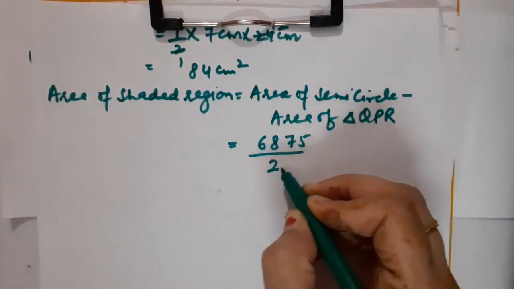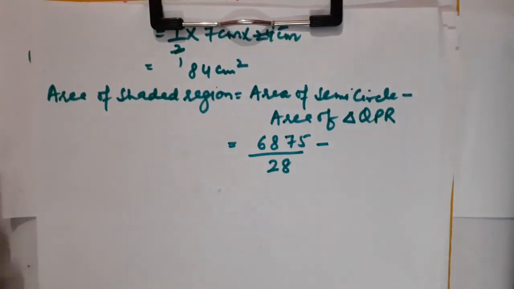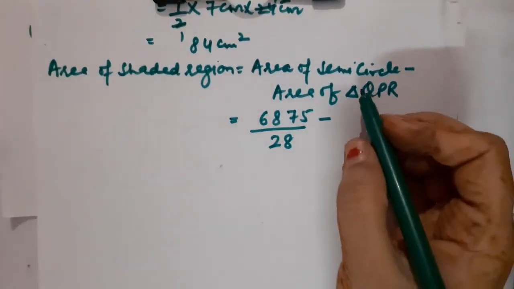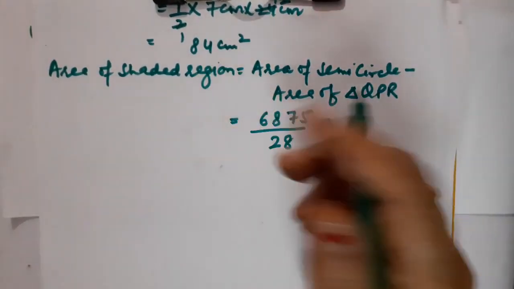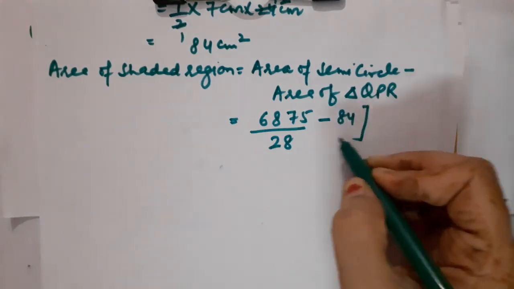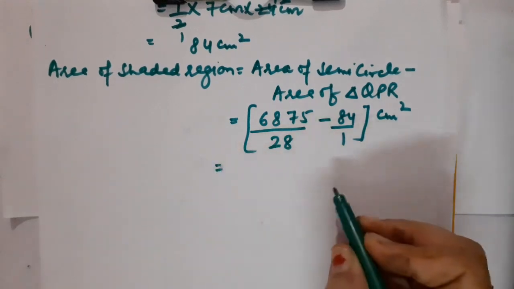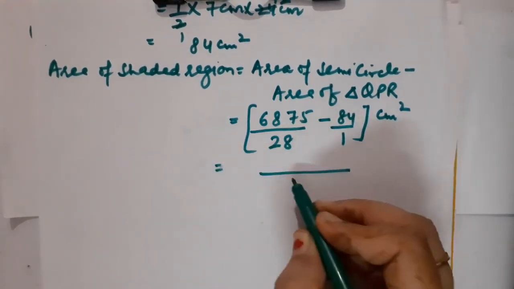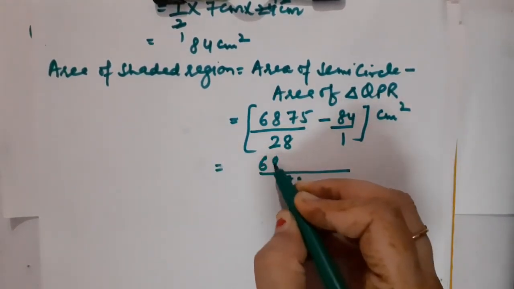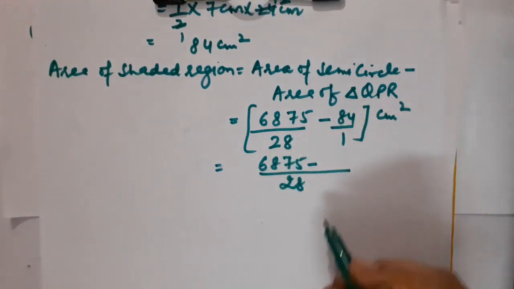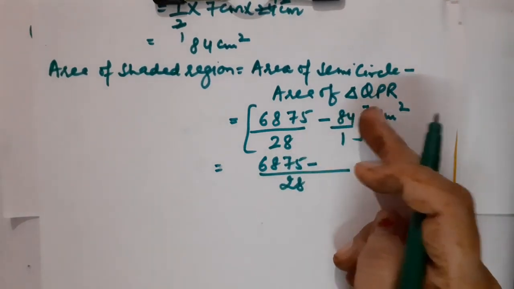So we calculated area of semicircle 6875 upon 28 minus area of right angle triangle we have just calculated, that is 84. Here you can make a big bracket to write unit. So let us take LCM. LCM will be 28. It is 6875 minus 28 will be multiplied by 84.